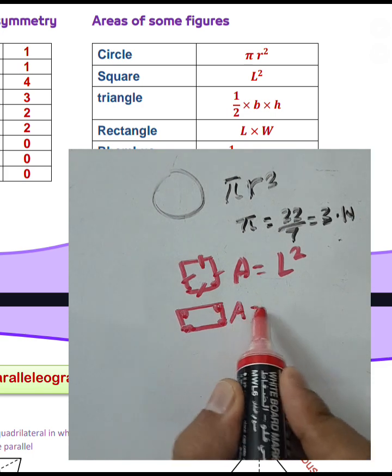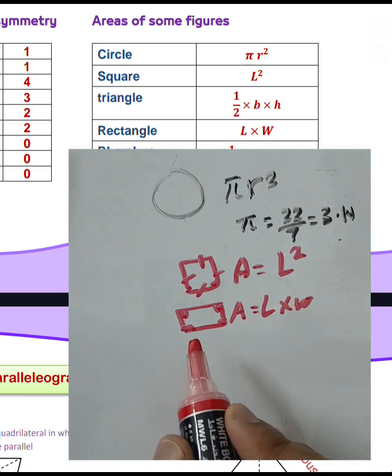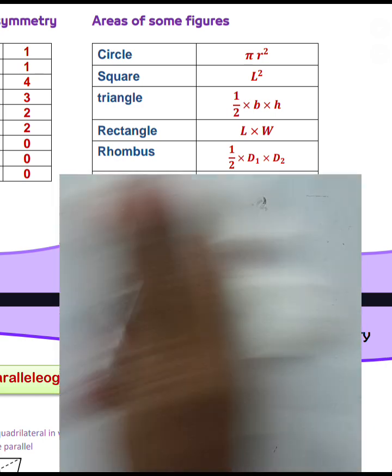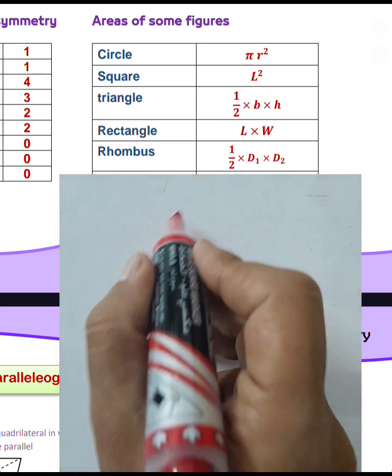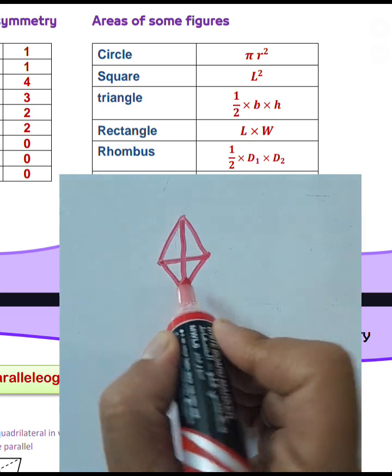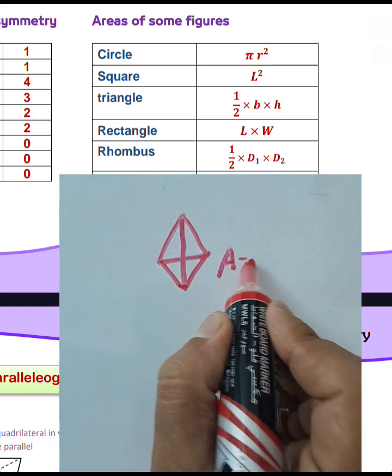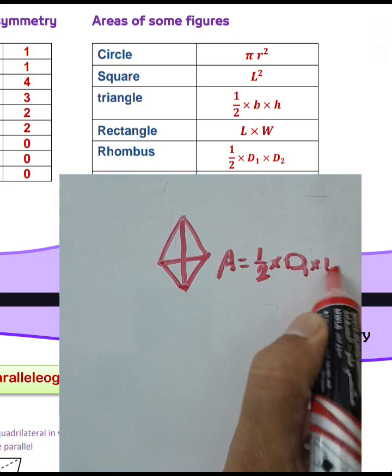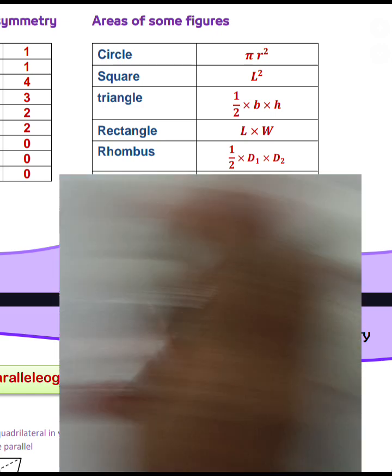Then the area of a rectangle equals length times width. And rhombus: the area of a rhombus is half times diagonal 1 times diagonal 2. We have diagonal 1 and diagonal 2.